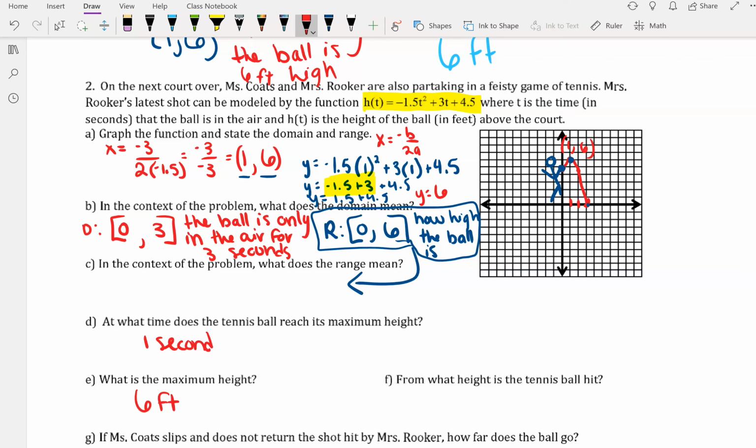Right. From what height is the tennis ball hit? So just like on the last problem, we can see that the tennis ball was hit here at the y-axis. If this was the point (1, 6), and this we went over 1, down 1.5. So 1.5 down from 6 would be 4.5.